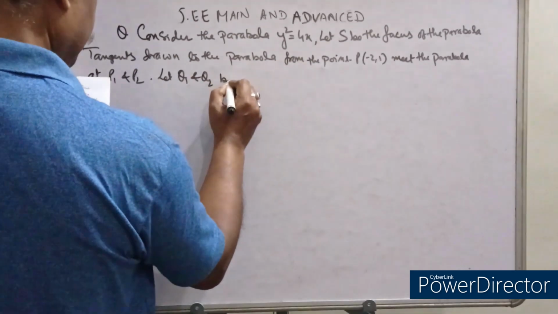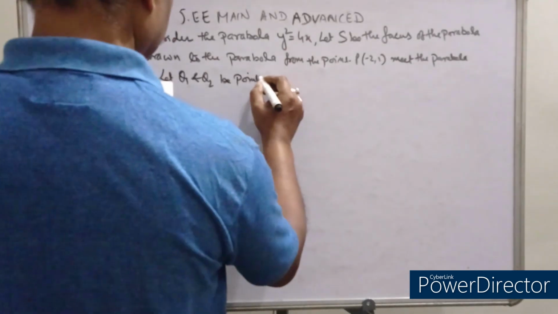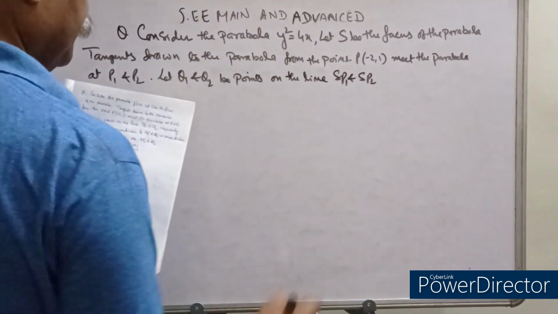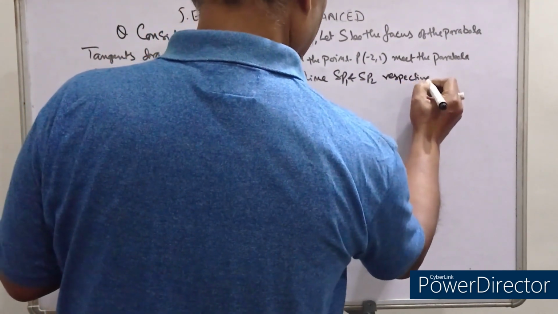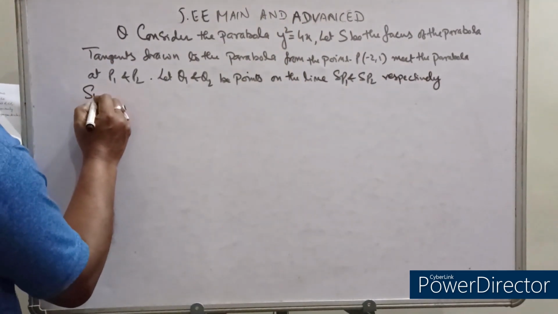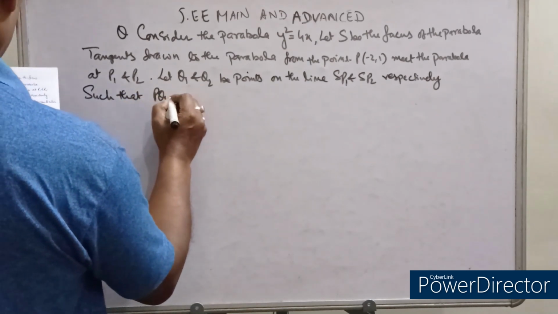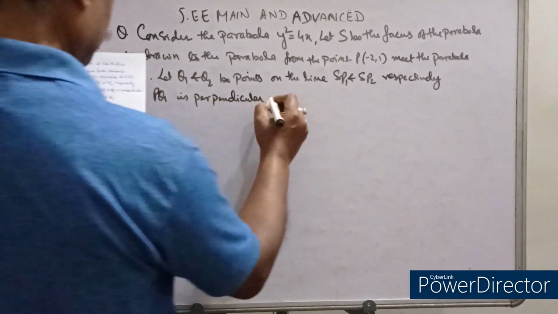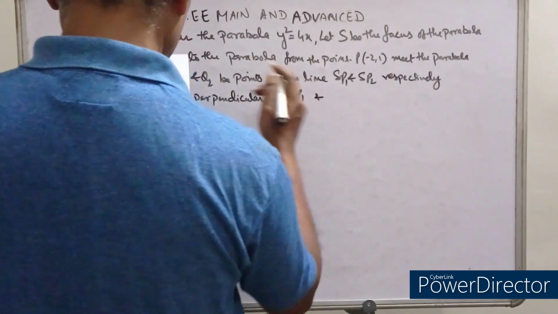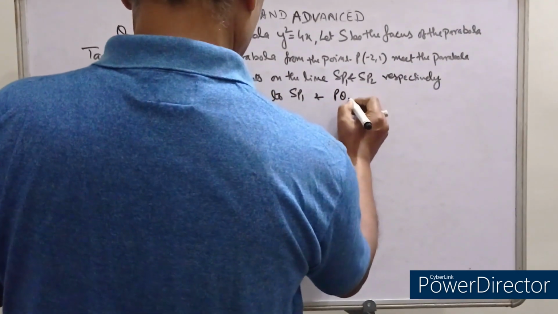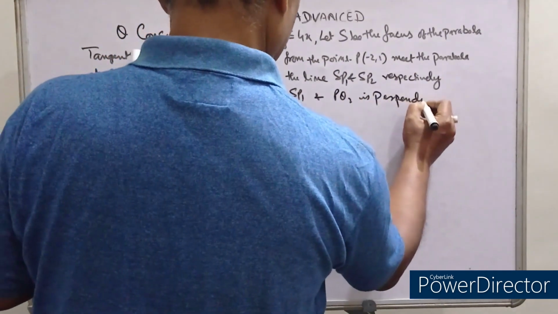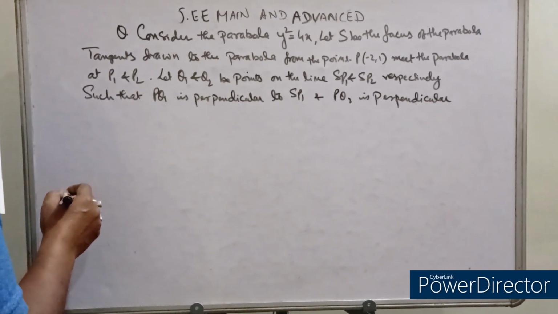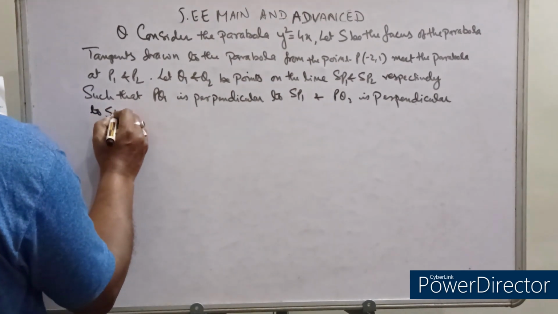Let Q1 and Q2 be points on the lines SP1 and SP2 respectively, such that PQ1 is perpendicular to SP1 and PQ2 is perpendicular to SP2.